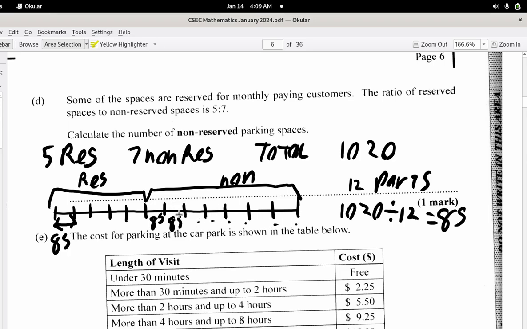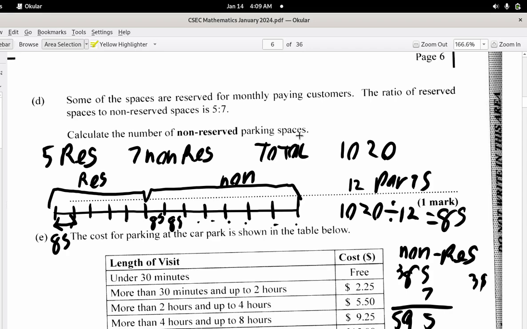But instead of adding 85 seven times, just multiply 85 by 7. So 85 times 7 is what? 7 fives are 35, bring down the 5, carry 3, 7 eights are 56, 59. So that would be 595 non-reserved spaces.